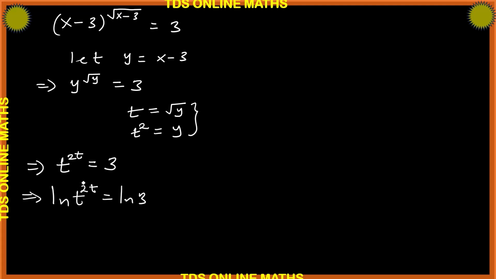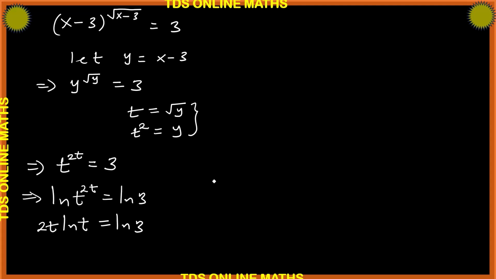By the power rule, this 2t will come down, so we have 2t ln of t equals natural log of 3.